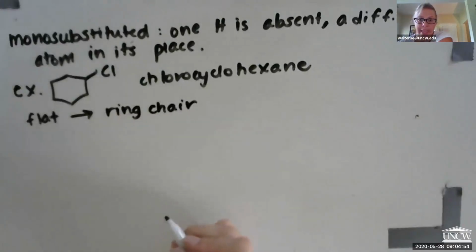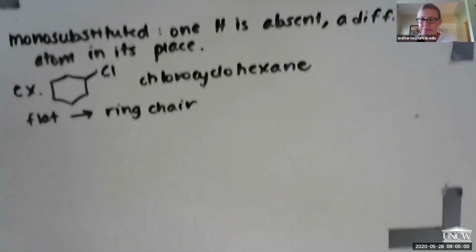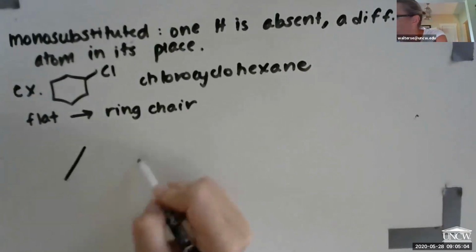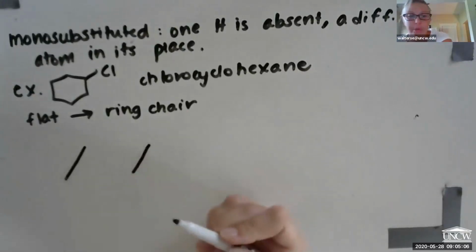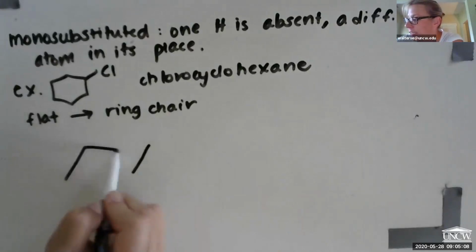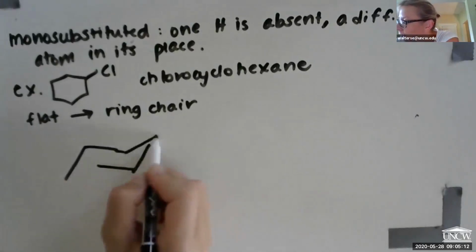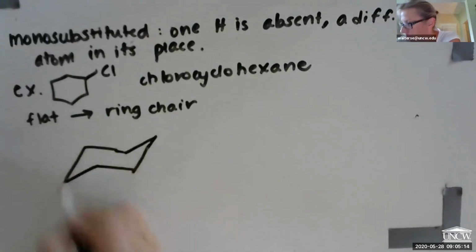Okay. And you just pick whichever one that you like the best in terms of the way that you draw the chair. So again, you start with parallel lines. Okay.